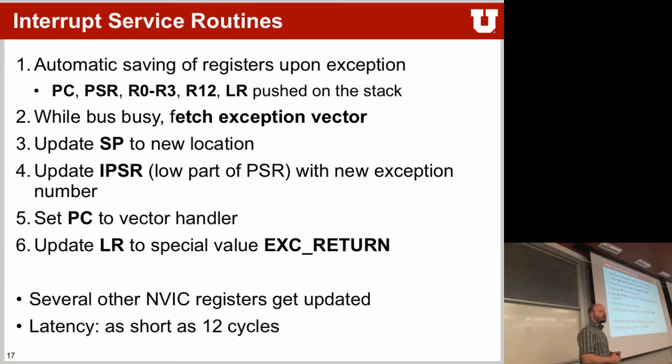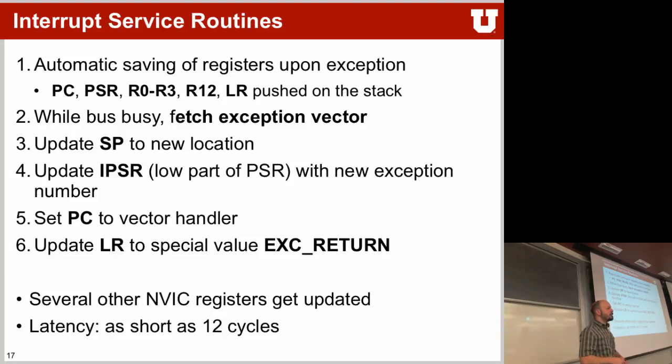Then, while it's busy doing that, because the stack is somewhere in memory, so it has to be transferred over in memory, at the same time, it will fetch the exception vector. So it will see which interrupt happened, read the memory location, fetch that memory location, and update the stack pointer to point to the new location because it just pushed a bunch of things onto the stack.